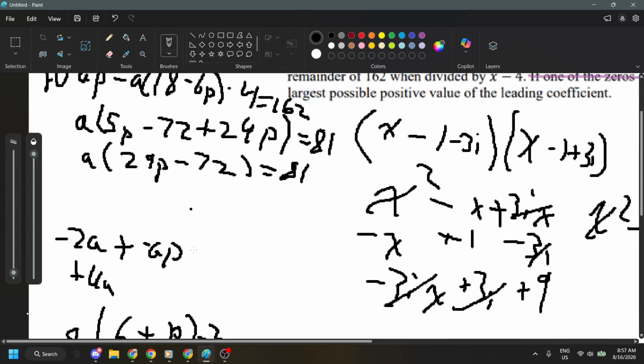Let's see. 29 times 2 is 58. 29 times 3 is 60 plus 27 is 87.